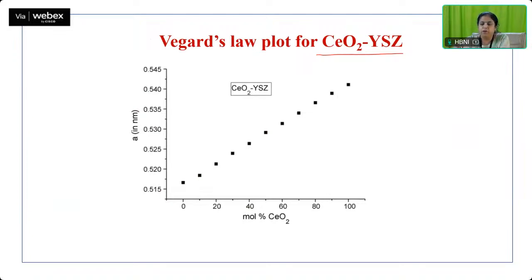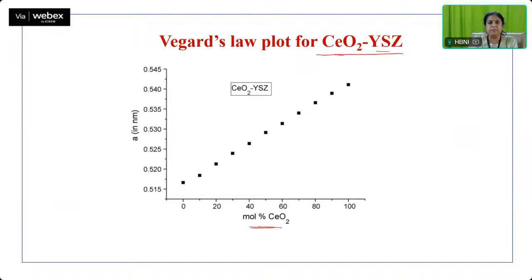Both of them are fluorite type and both of them are miscible in the entire range, starting from 10% of YSZ in ceria to 20, 30, 40 and so on. Then I recorded the XRD for all the 11 compositions, calculated their cell parameter from the XRD pattern and plotted it.